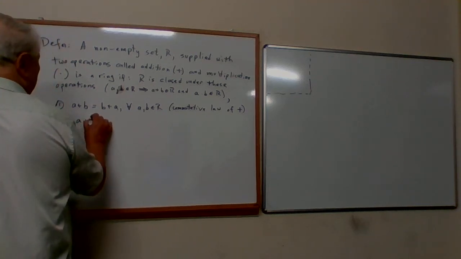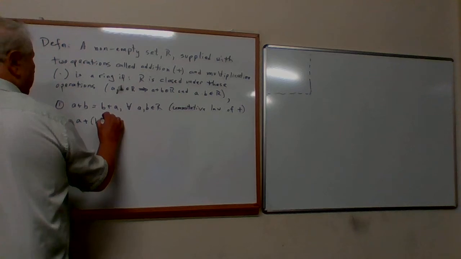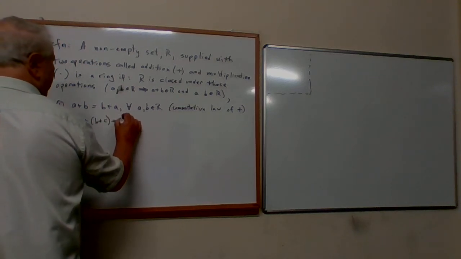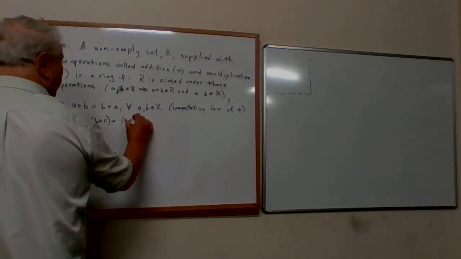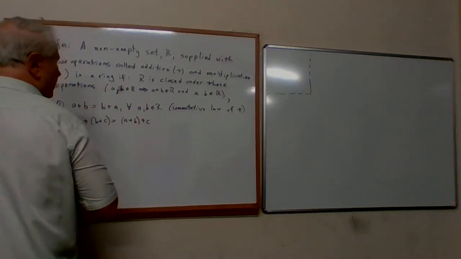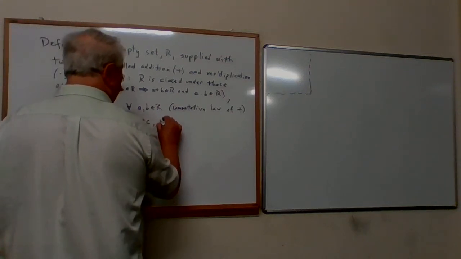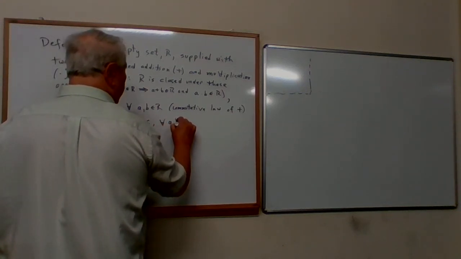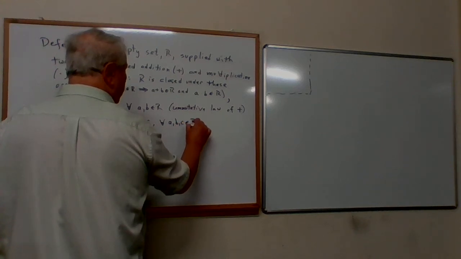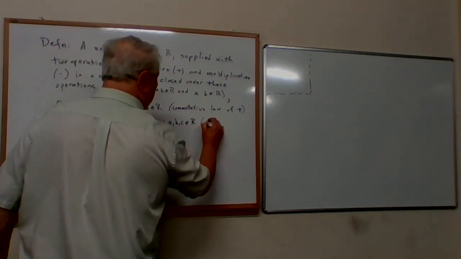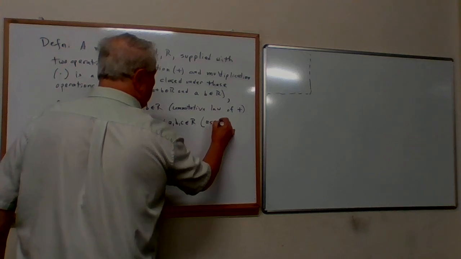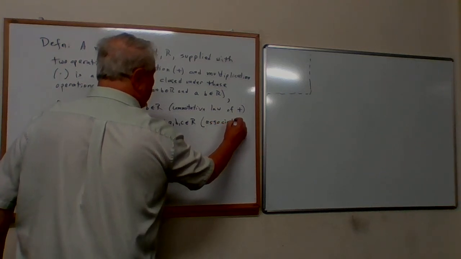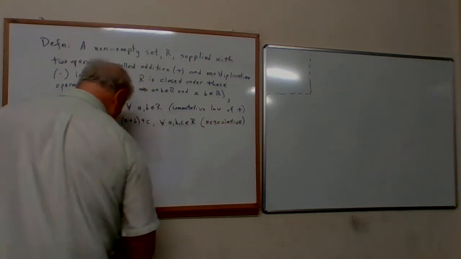A plus the quantity B plus C is the same as the quantity A plus B, plus C. Once again, that's for all A, B, and this time C in the ring. The associative law.